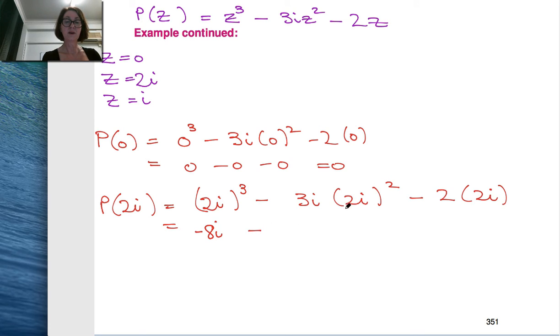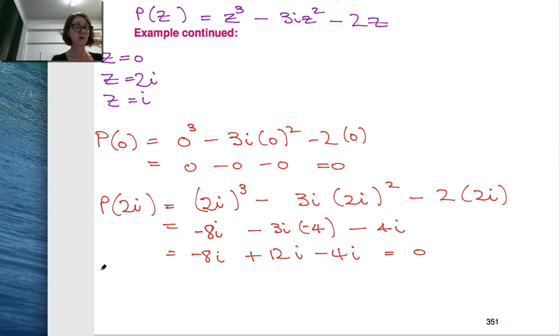In the next place I've got 3i times 4 times minus 1, so I've got minus 4, and then I've got minus 4i. So if we pull all this together, this is going to give me plus 12i and minus 4i. So if you simplify that, you get 0. So it works in the second case as well.